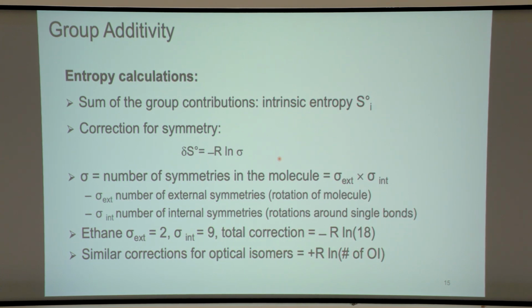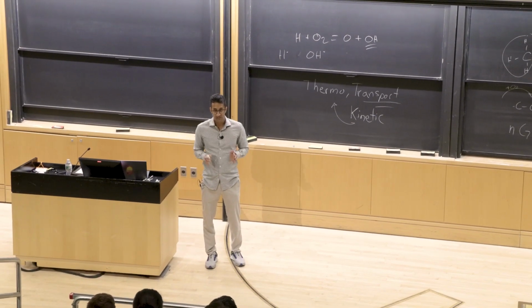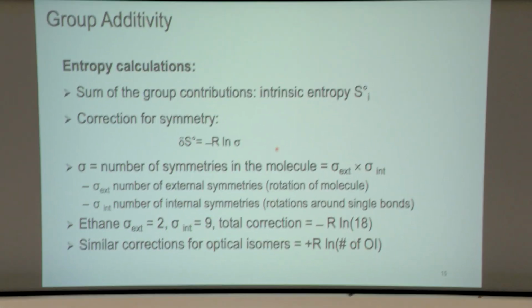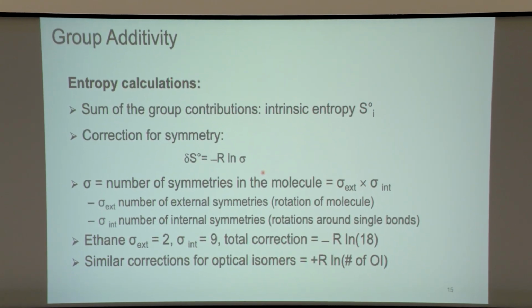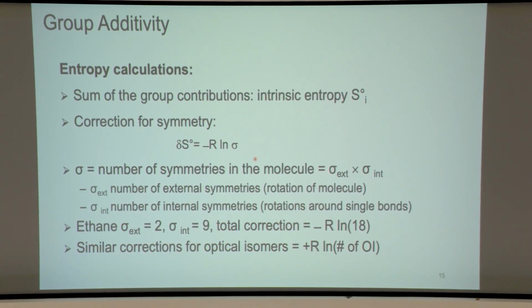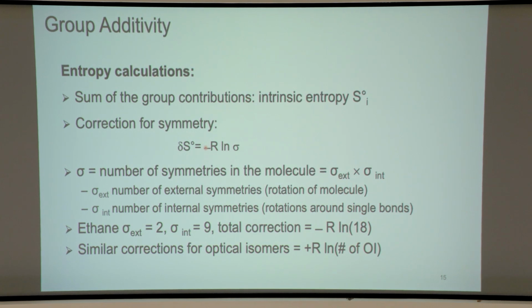And in order to know how disordered the molecule is, you need to know, are there molecular symmetries that exist within the molecule due to rotations, or external symmetry based on the structure, or if there's optical isomers that are present. And again, if you're a chemist, you care about all this in great detail. If you're an engineer, you look for simple rules to figure these things out. So these corrections are quite simple.